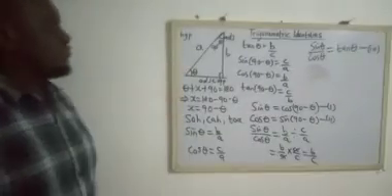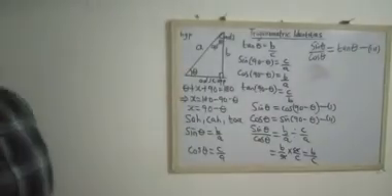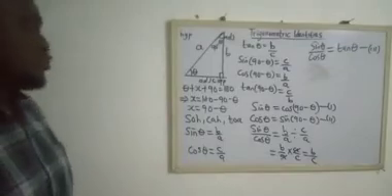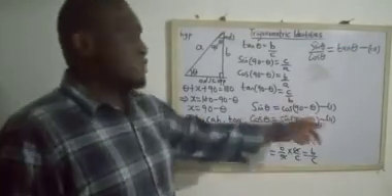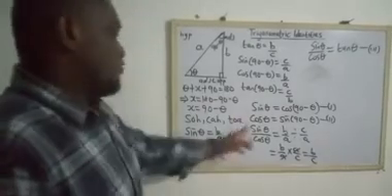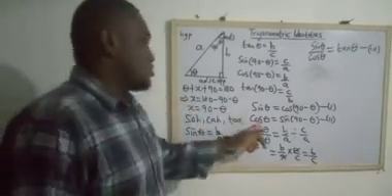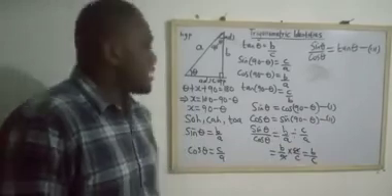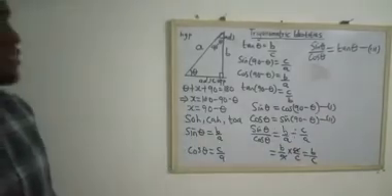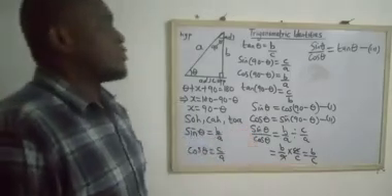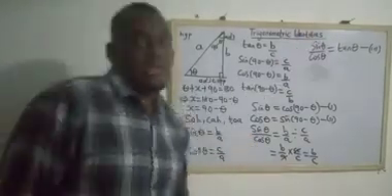So I've been able to prove these three trig identities. I've been able to show that sin theta is cos 90 minus theta. I've been able to show that cos theta is sin 90 minus theta. I also have been able to show that sin theta divided by cos theta is always equal to tan theta.